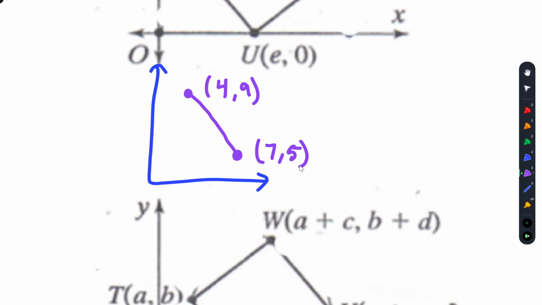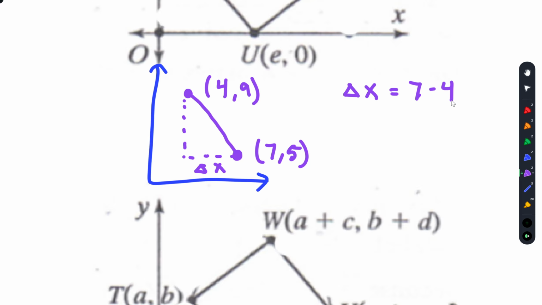If I wanted to figure out the length in my Pythagorean theorem right triangle without counting boxes, because I don't have boxes to count, I would do the change in the x values, which is 7 minus 4.